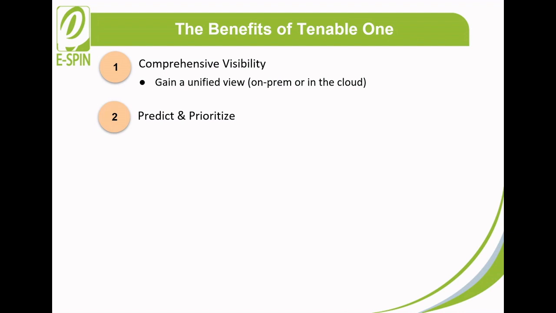Predict and prioritize. With Tenable One, security leaders can anticipate impacts of possible attacks by making use of the industry's largest data sets to understand the relationship between assets, exposures, privilege, and threats across an attack path. Exploitable vulnerabilities, attack, and breach pathways are the main sources of cyber attack.